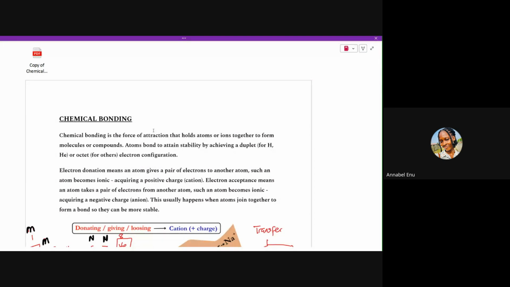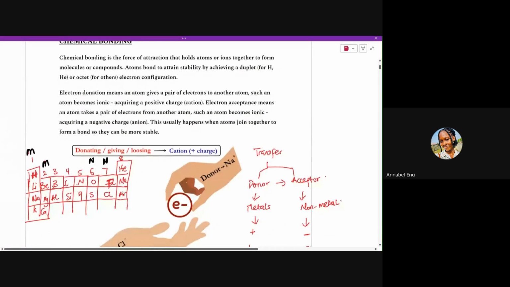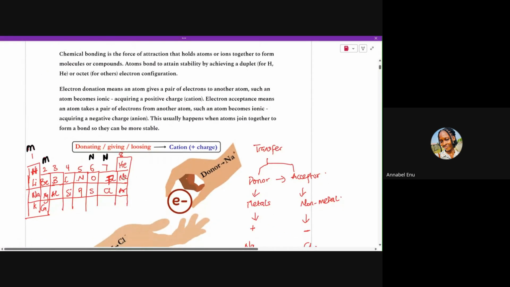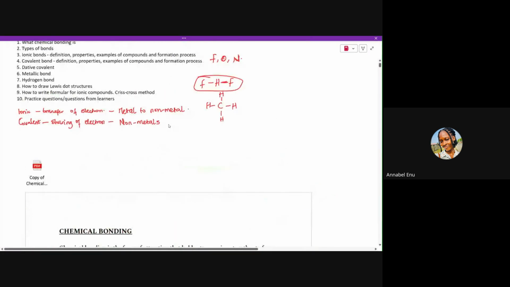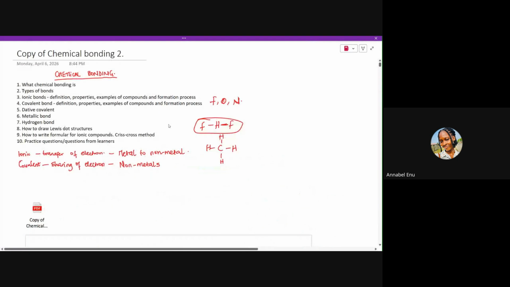If everybody had 8 in their outermost shell, if they had complete configuration, they would not need to bond. That is why noble gases that have 8 in their outermost shell, this group 8, hardly bond with any other element, because they are already stable and complete. Okay, so we also talked about the types of bonds.